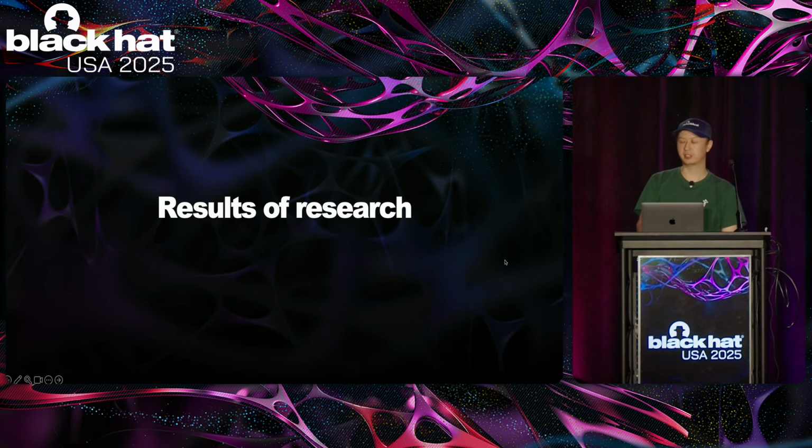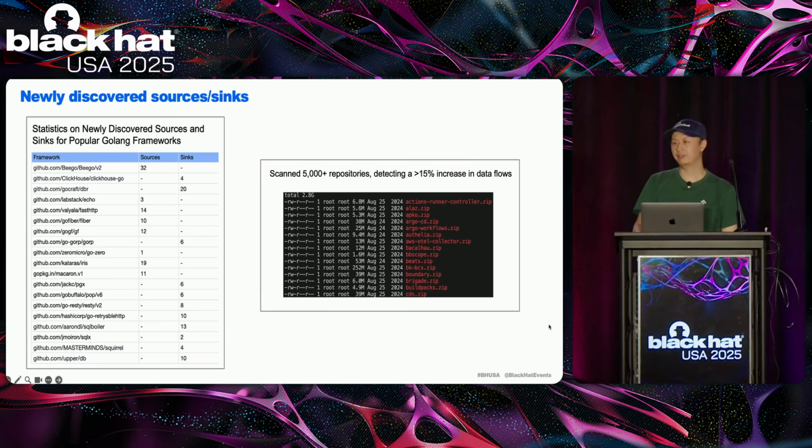And then I'll introduce the results of our research. We have found about 190 source and sink functions across 18 Go frameworks. We also scanned over 5,000 projects and found that the detected data flows increased by more than 15%.